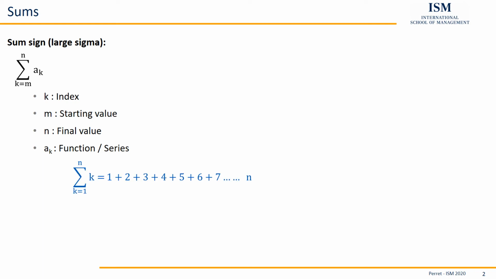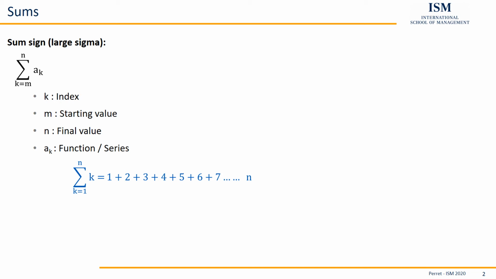Here we see this for a very easy example. That's just adding up all the numbers from 1 to n. So we start with 1, insert this for k, so we get 1. Then plus, then we insert the next highest integer, which is 2. So we get 2. Plus, we insert the next highest integer, which is 3.